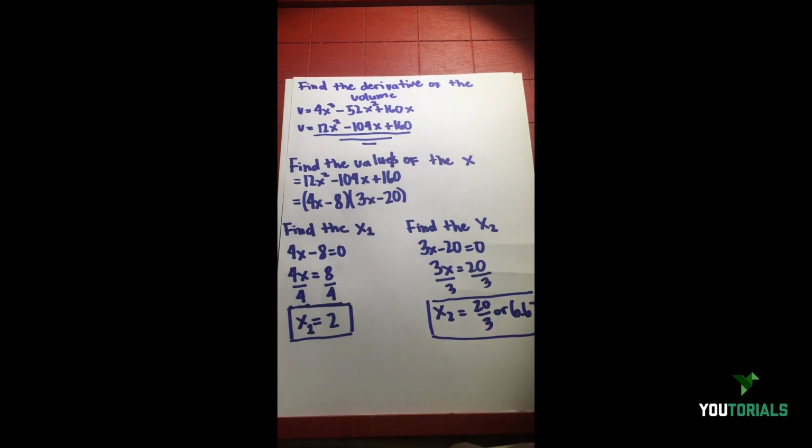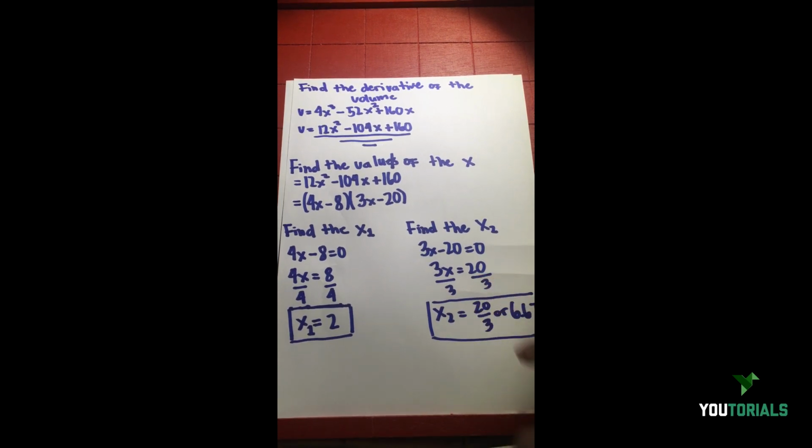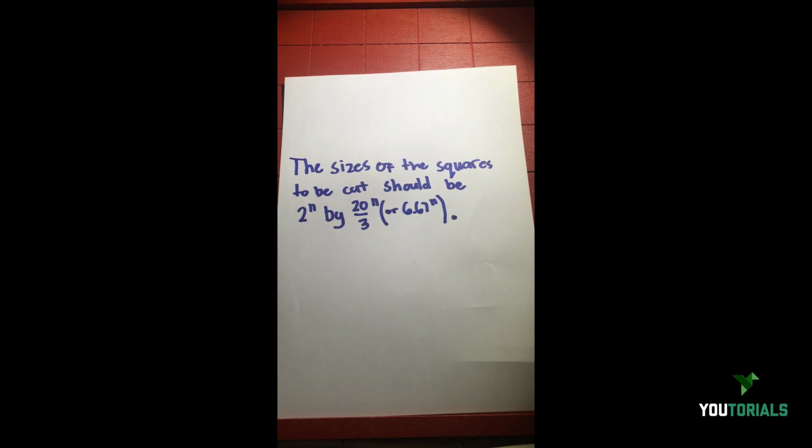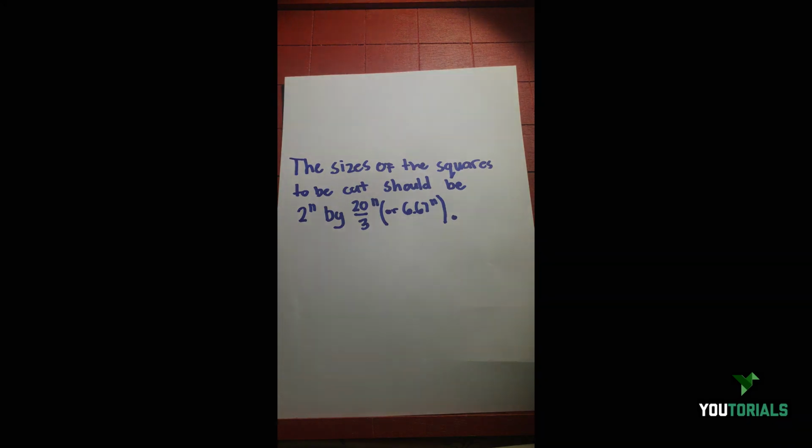So 3 divided by 3 is 1, and 20 divided by 3 is 20 over 3, or in decimal it is 6.67. Now, this is our conclusion. The sizes of the squares to be cut should be 2 inches or 20 over 3 inches, or 6.67 inches.